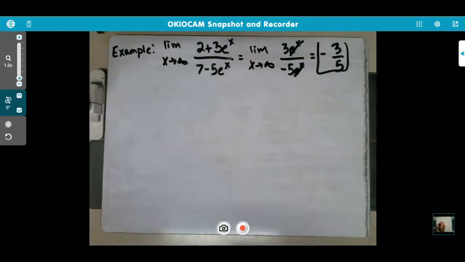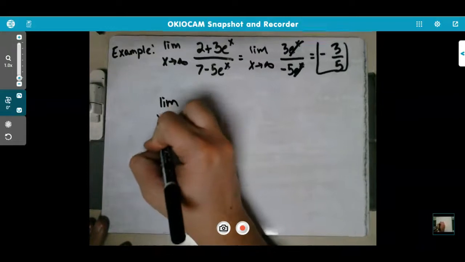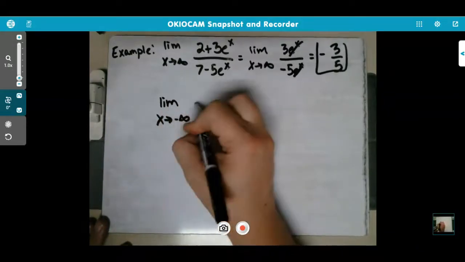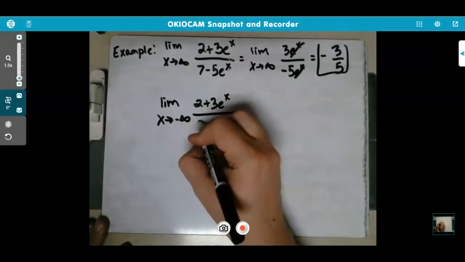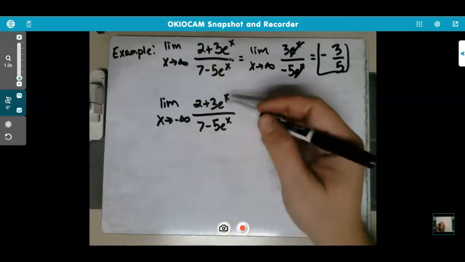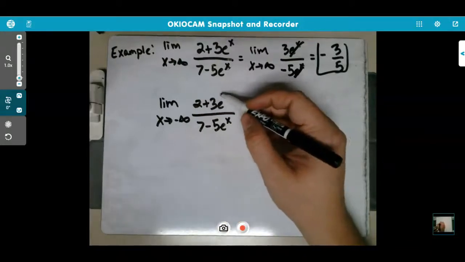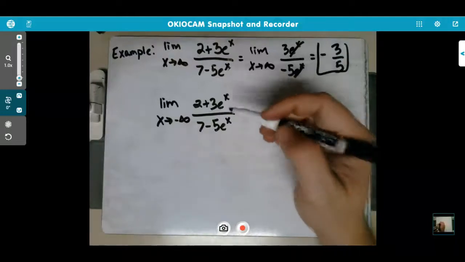Too bad. But let's see what happens when I make it a negative. So now I have e to the power of a negative, right? Well, since this power is going to be negative, I can put it in the denominator.